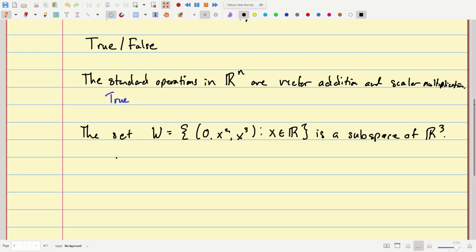So multiply by some scalar, alpha, I guess. Is this in the subspace?